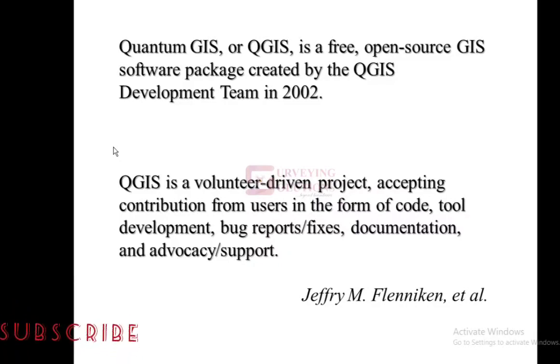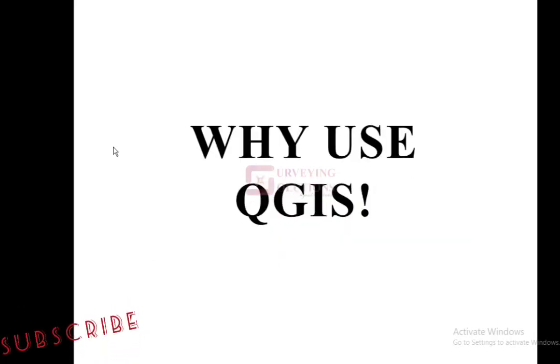This was actually coined out from a publication. So now this is just like a simple abstract, or let's say a summary of what QGIS is all about, right? The question still persists. Why should you use QGIS?